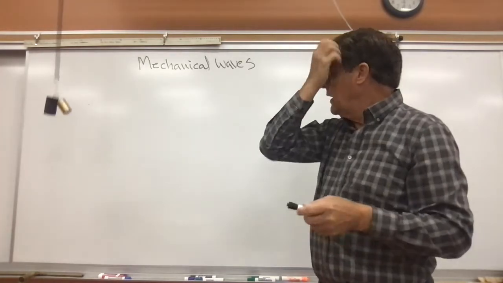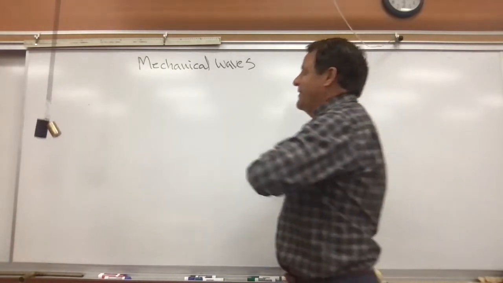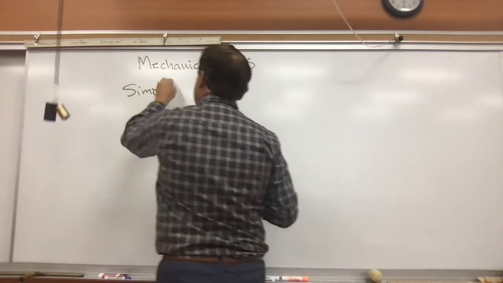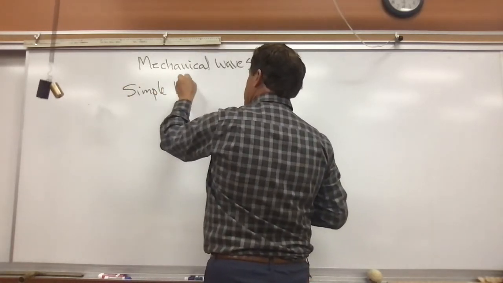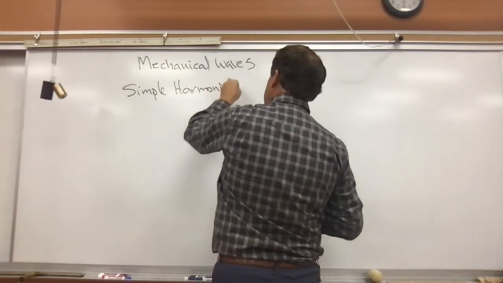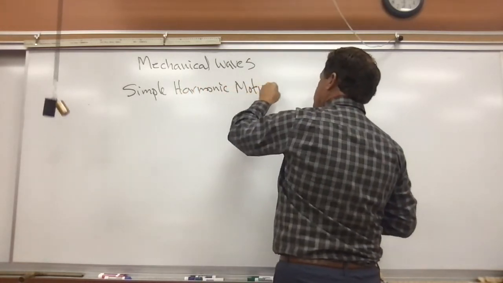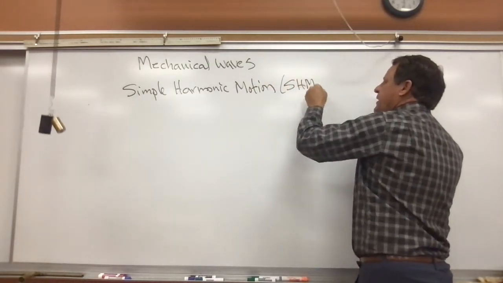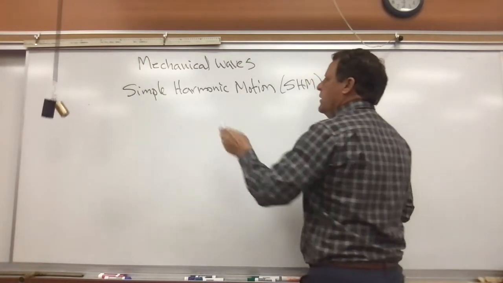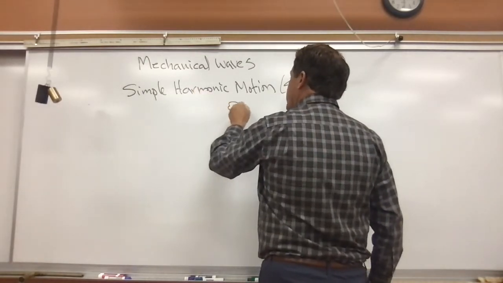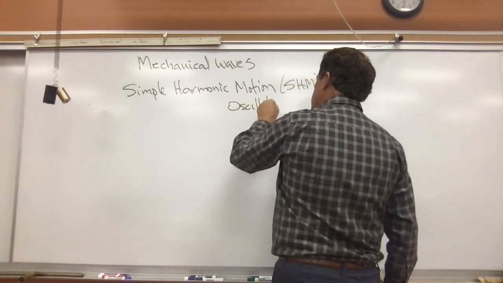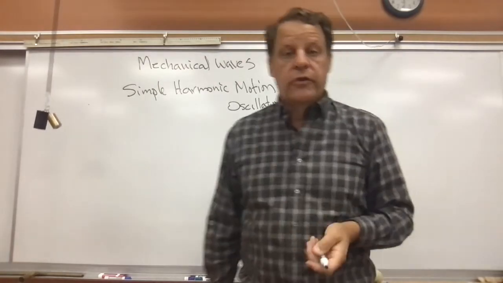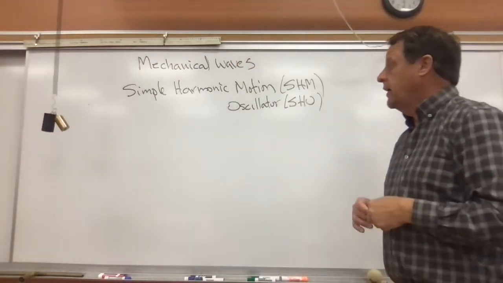First of all, let's talk about simple harmonic motion. Simple harmonic motion is very often abbreviated SHM, or a simple harmonic oscillator, I suppose the difference between a noun and an adjective.